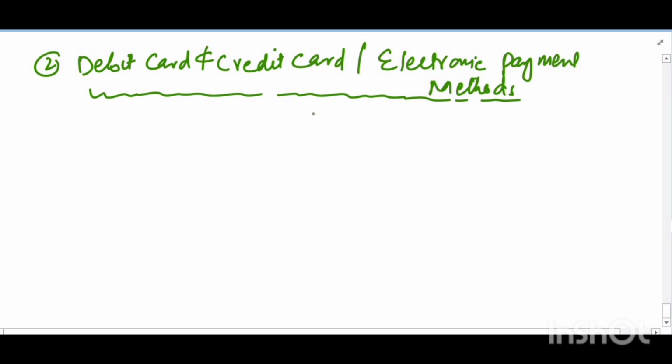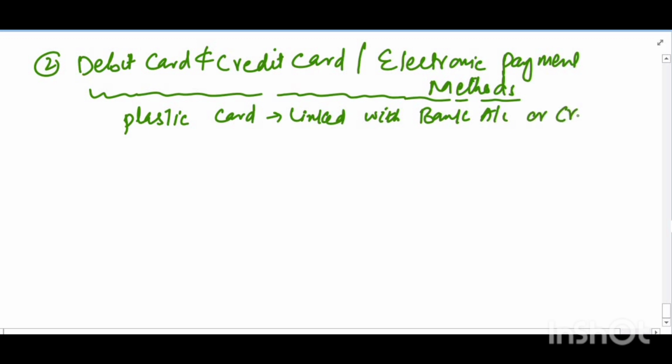Clear? In this method you are using a plastic card, and that card is linked to a bank account or credit line.